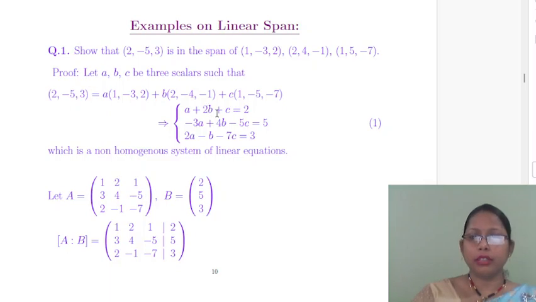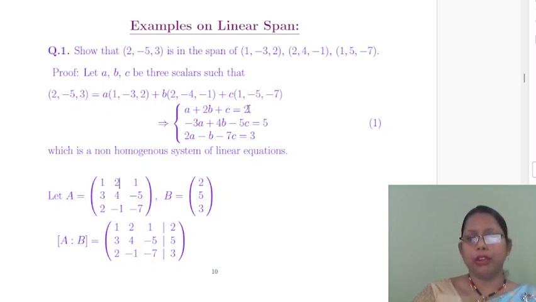And in the second equation, coefficient of B is plus 4, not minus 4. So it is 4. Coefficient of C is minus 5, so replace it by minus 5. And coefficient of A in the third equation is 2, coefficient of B is minus 1, coefficient of C is minus 7.